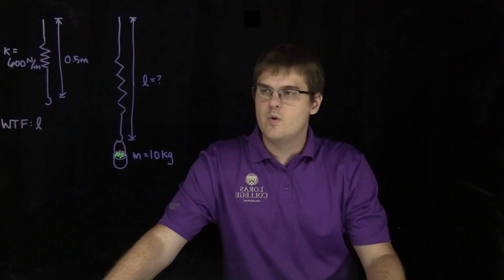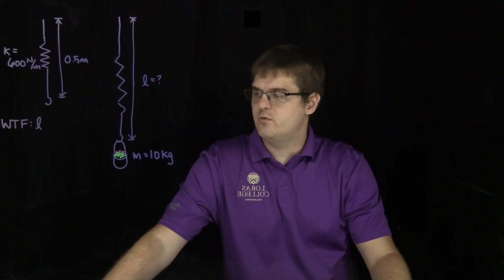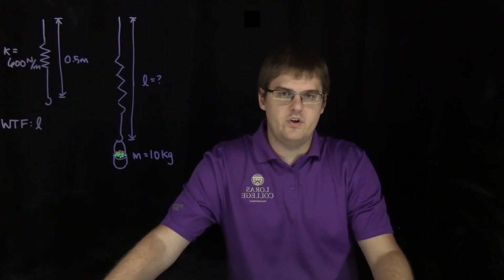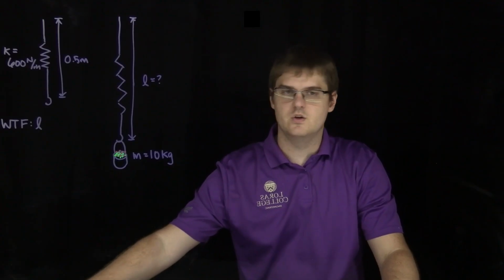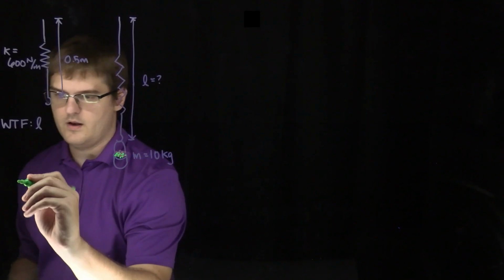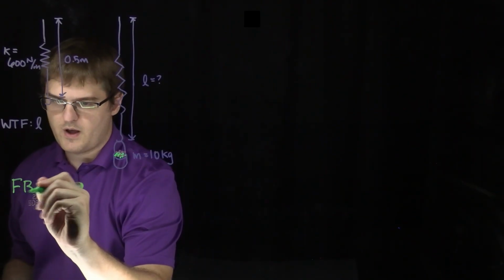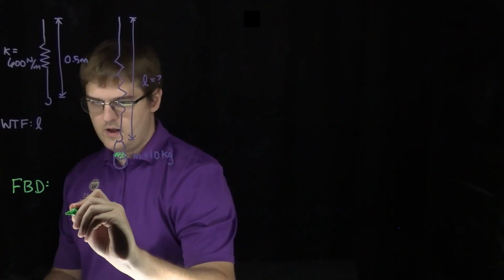Okay, we could jump right in with our spring equation, but the first thing we're going to do is still a force equation, and every time we're working with these force equations, we have started with a free body diagram. So we're going to go ahead and draw our free body diagram. I'm just going to go ahead and draw a dot.